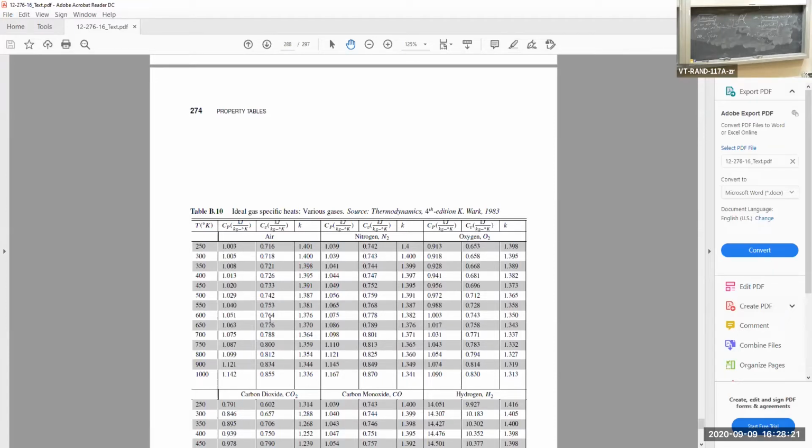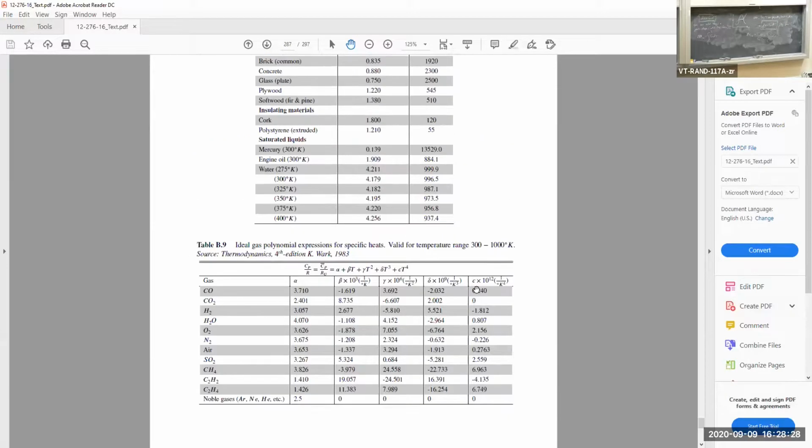To integrate that equation, you need to know what CP is as a function of temperature. If you want to evaluate that integral, you can use this polynomial. It's a fourth order polynomial giving specific heat divided by the gas constant as a function of temperature. And the constants alpha through epsilon are listed here for various substances. Here's air right here.